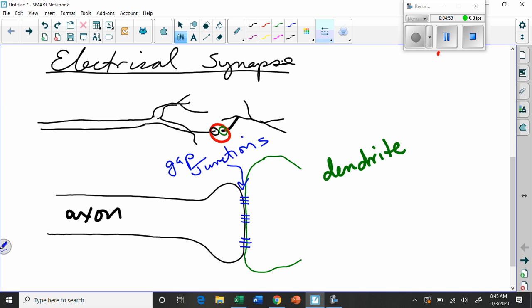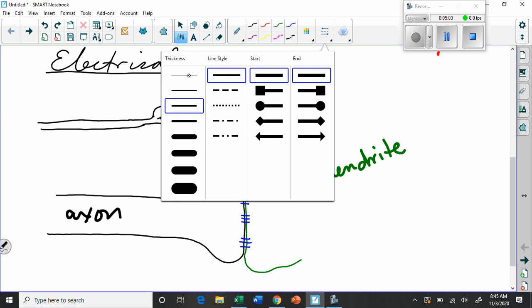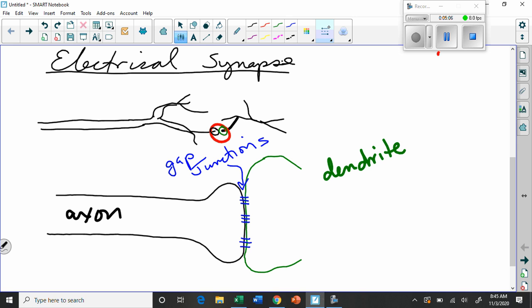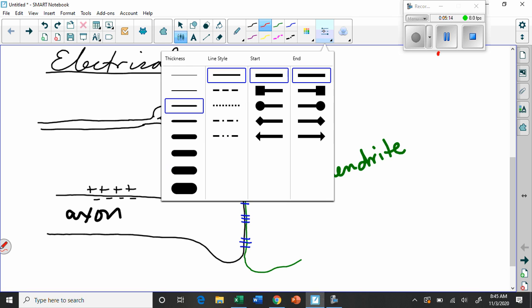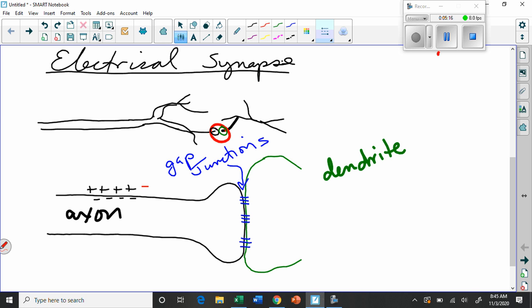Blue things. And essentially what this means is when there's a depolarization, remember from yesterday, if you have an area where your membrane has been depolarized, we'll put our little pluses here and our minuses. And then what happens is we get a little depolarization area like this traveling along here.